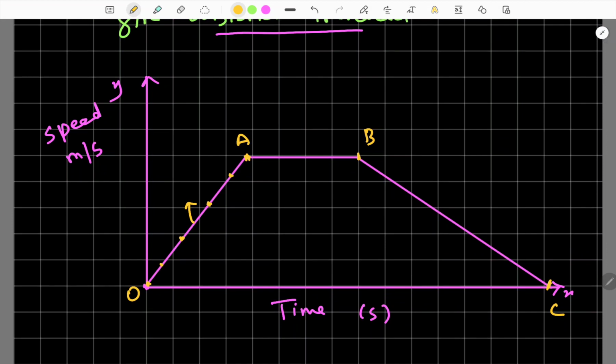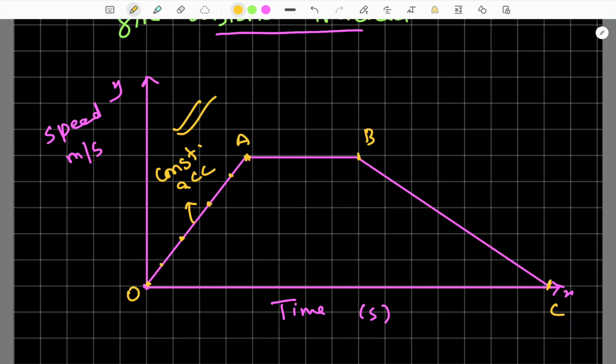So this part of the journey OA shows a constant acceleration, because the gradient of a speed time graph gives us acceleration, and the gradient is constant. इसमें कोई doubt beta? Clarity?